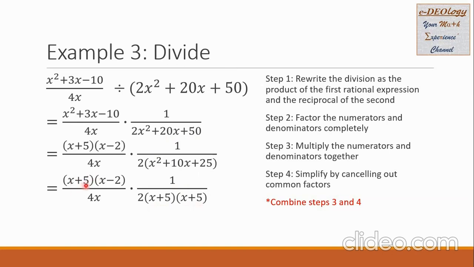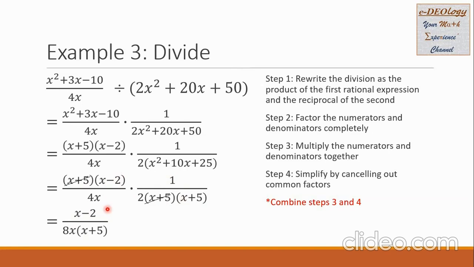The x plus 5, I will now cancel with another x plus 5 here. And no other common factors that we can cancel. Let us now collect the remaining factors. In the numerator, the x minus 2 times 1, we will have the x minus 2.